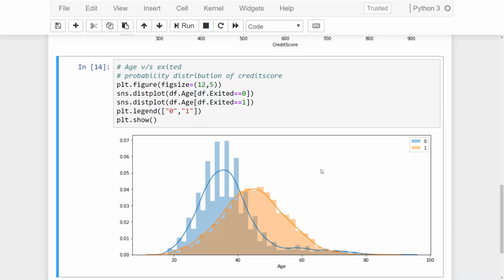Can we say the majority of old age customers are leaving and young age customers are not leaving? Maybe the bank may not have relevant financial offerings to meet the financial goals of old age customers, right? I hope you agree with that.